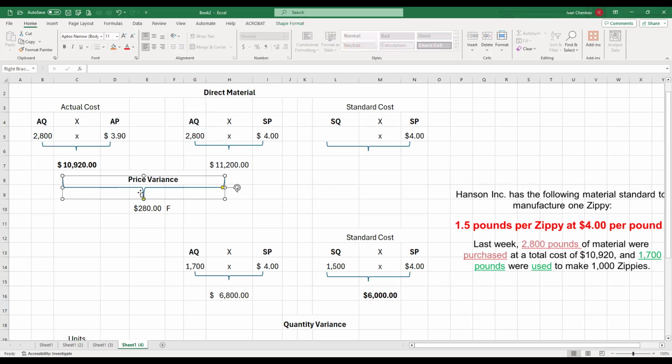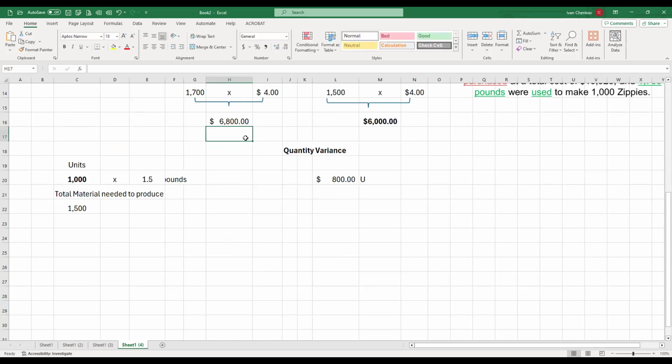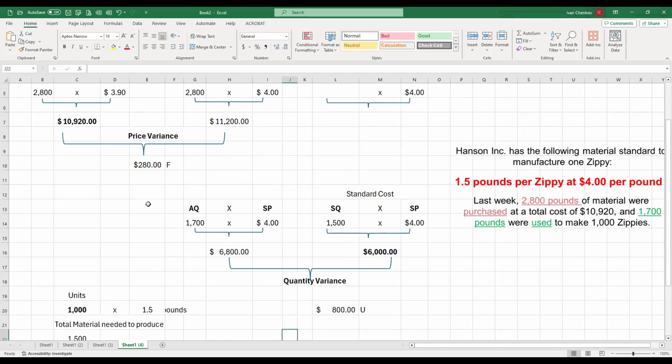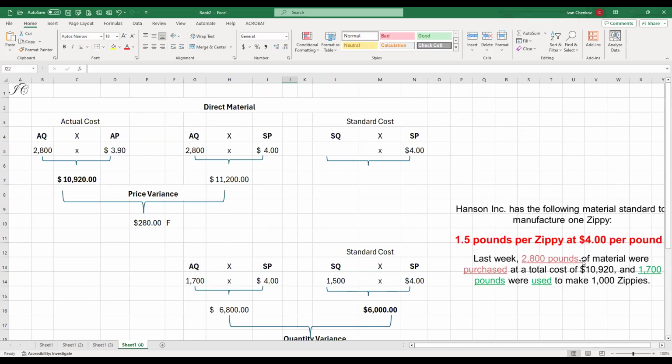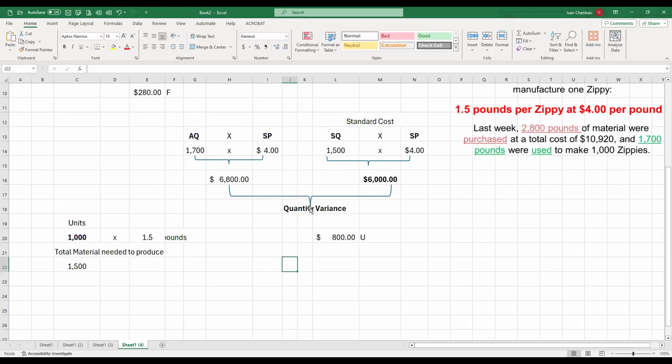Make sense? So basically, for different purposes, we're gonna use different amounts. For the price variance, we're gonna use the amount of the material purchased. For the quantity variance, we're gonna use the amount of the material used.